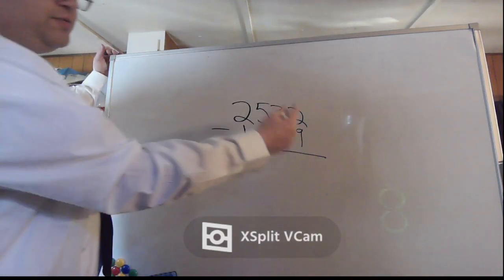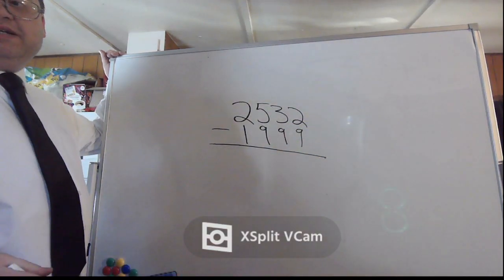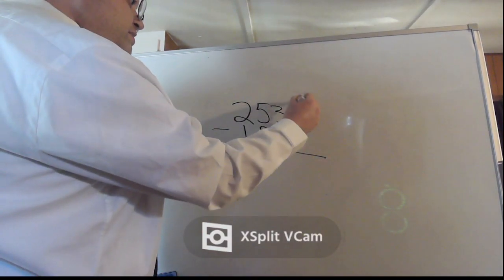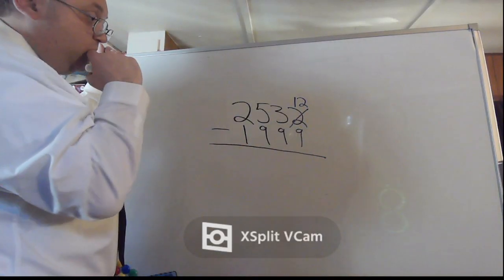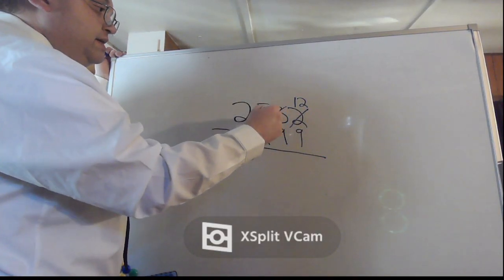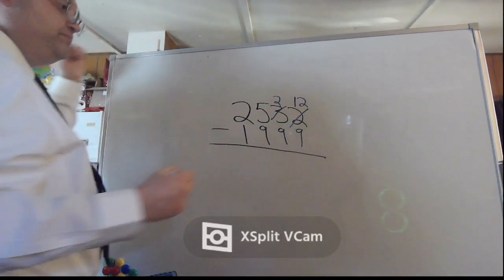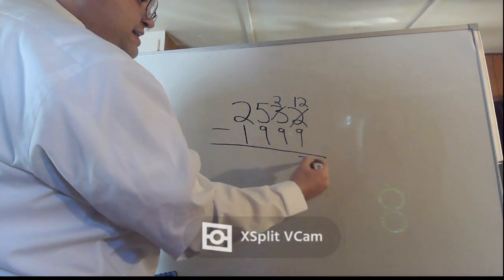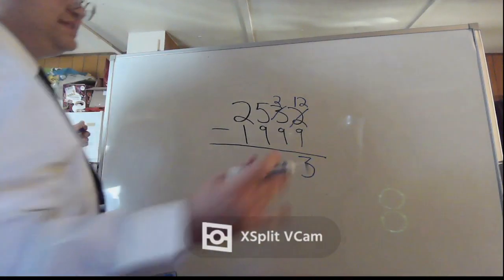So we start at the right, we notice we have 2 minus 9. Doesn't work. We're going to have to make that a 12, which means we got to borrow 1 from the 3, makes that a 2. Alright, so 12 minus 9 is 3.